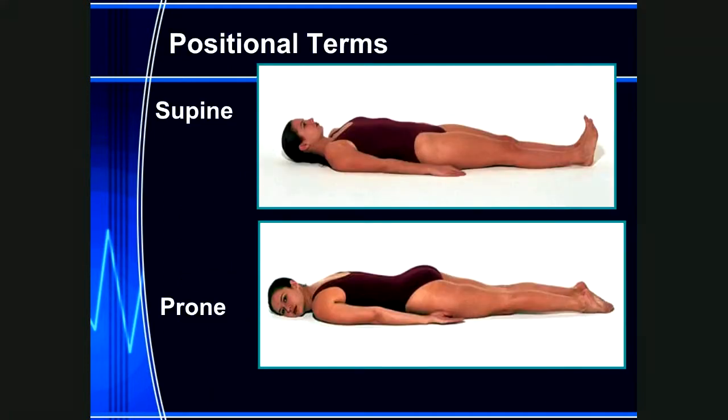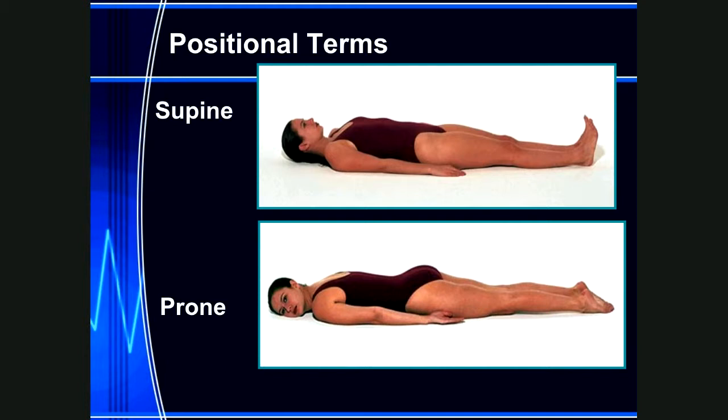We have some positional terms that we need to know, and they're supine and prone. Supine, the patient's lying on their back, and prone, the patient is lying on their abdomen. We use these positional terms when we come across our patient and we're documenting where we found them or how we found them.